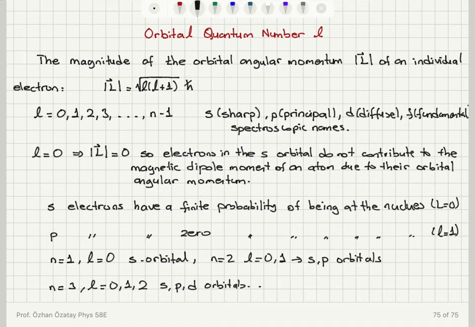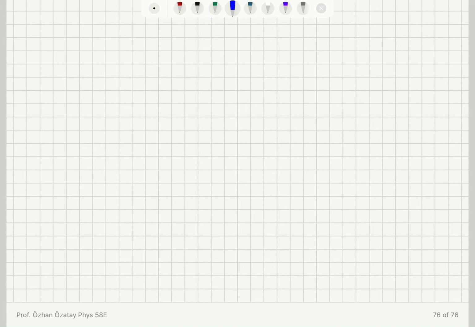Now I want to say a few words about the energy of these orbitals. So we're going to have a remark here. We talked about the principal quantum number n, and we said that it determines the energy of the electrons.